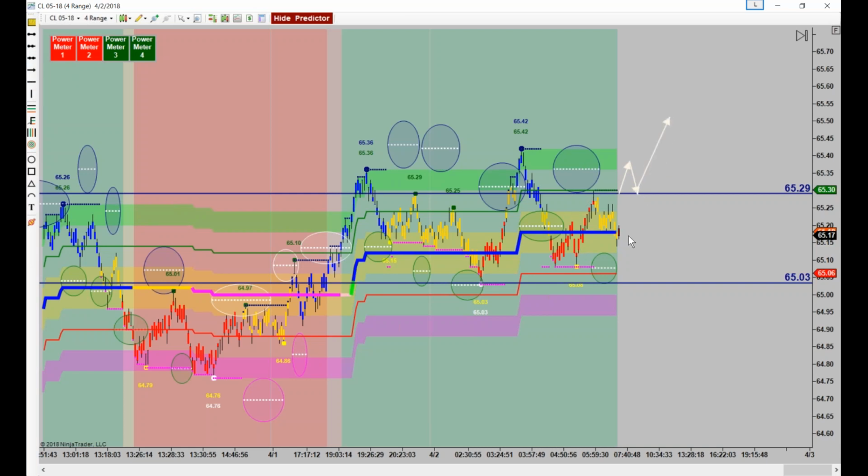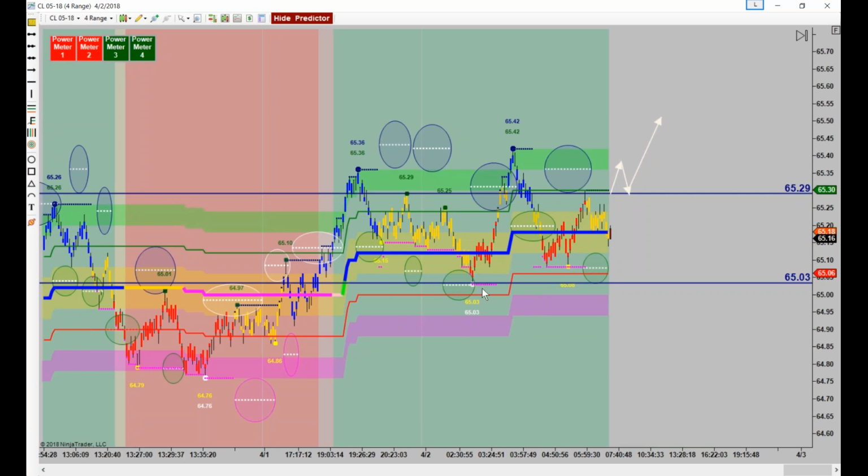See, because that's actually a thrust and a retrace. So this is like lightning. Low, high, higher low. If you got a higher high, they would come back and kiss this and they'd take off. Okay?